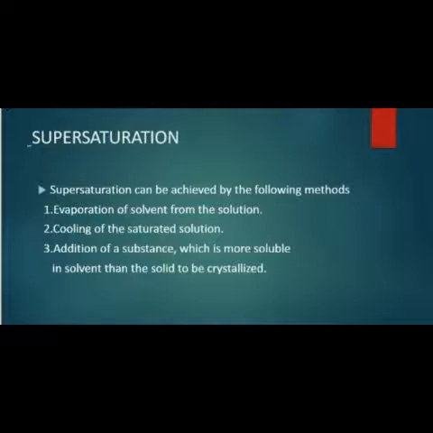The stable clusters constitute the nuclei. Nucleation can occur spontaneously or be induced artificially by any foreign substance. These two cases are referred to as homogeneous and heterogeneous nucleation respectively.